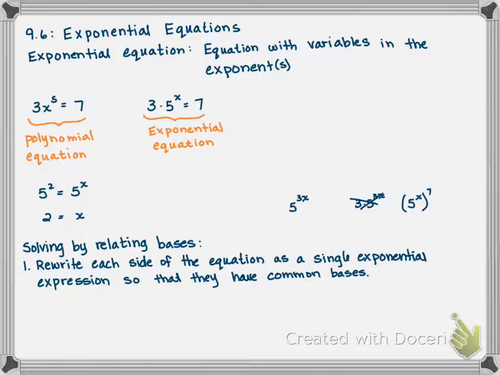So we want 5 to the something or 7 to the something on both sides. And then once we have that, we can conclude that the exponents have to be equal. So we'll set the exponents equal to each other.